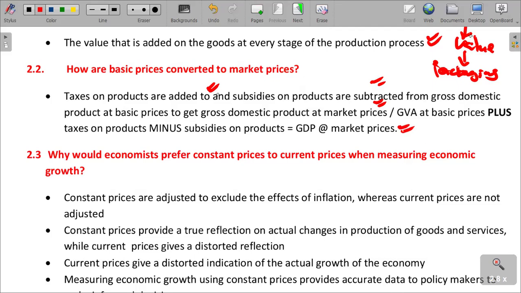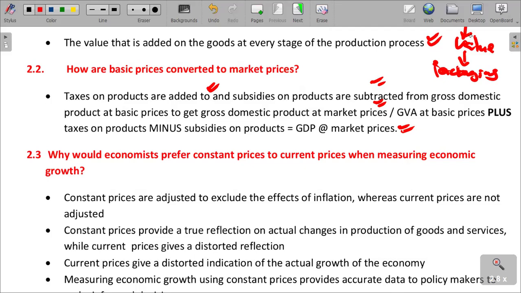So there is a basic formula that we are looking at here: taxes on products are added, and subsidies on products are subtracted. Subsidies, remember we said these are government payments given by the government itself to various companies.